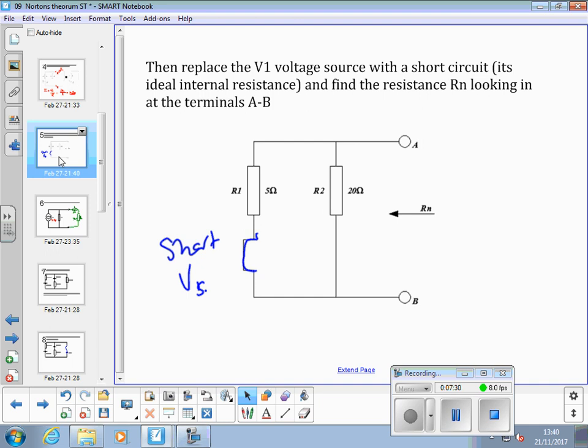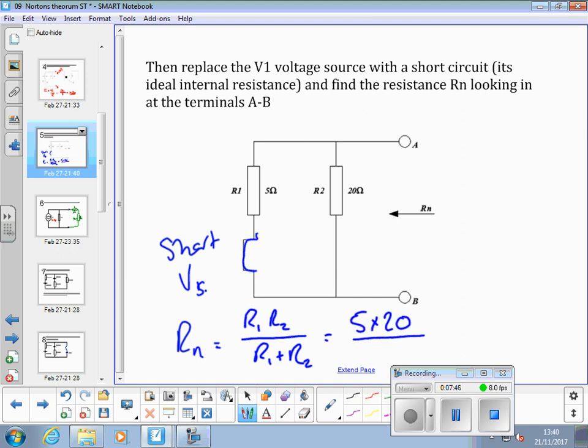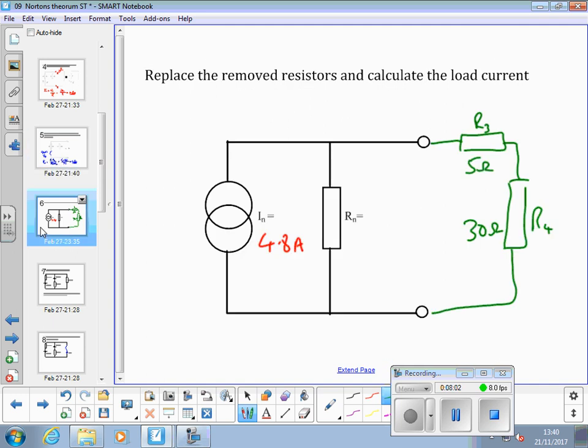So Rn is equal to R1 R2 over R1 plus R2, 4 ohms. So take that 4 ohm value and put it in here.